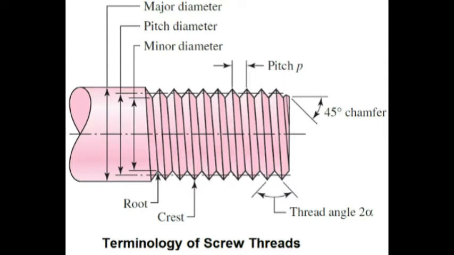Now pitch. The distance measured parallel to the axis from a point on a thread to the corresponding point on the next adjacent thread is called the pitch of the thread.